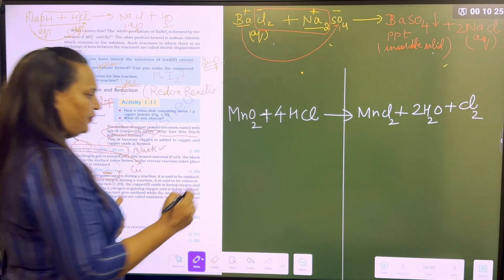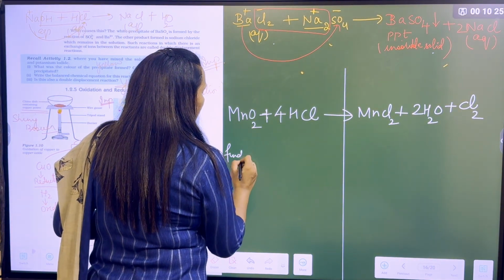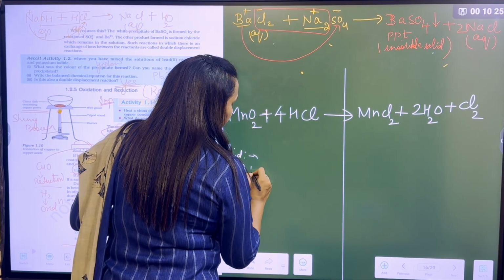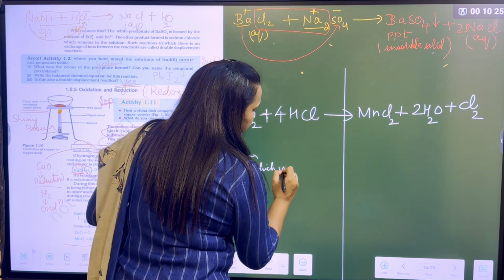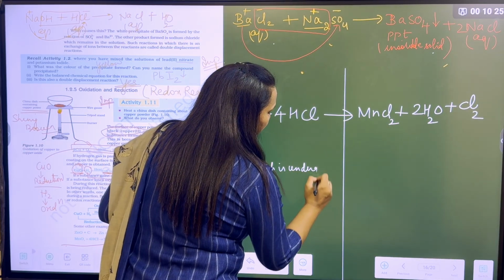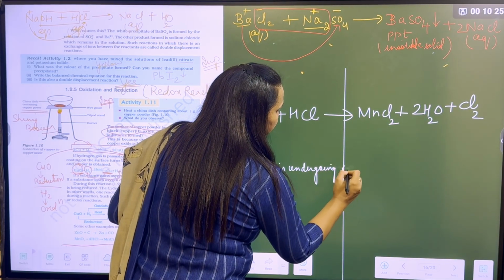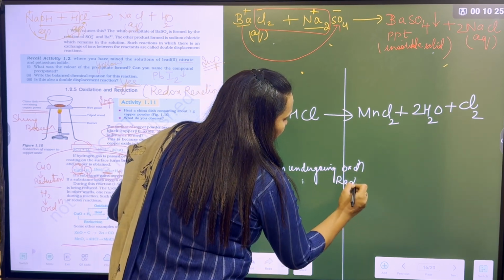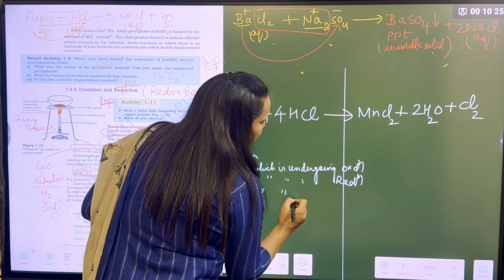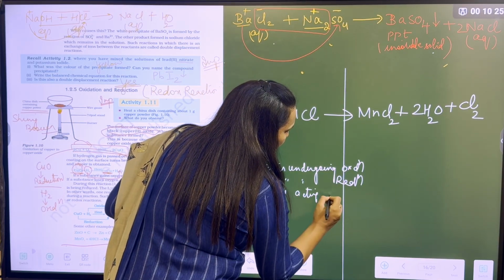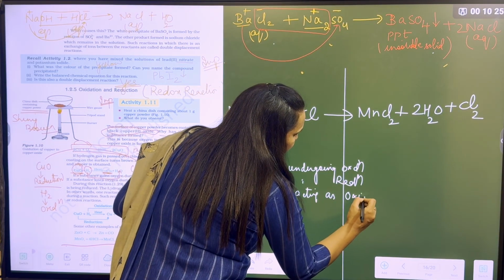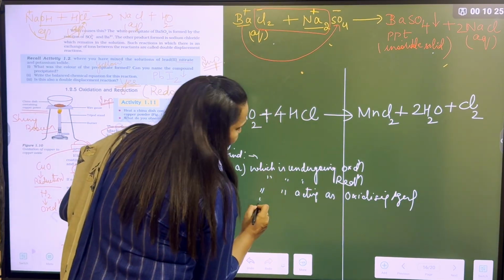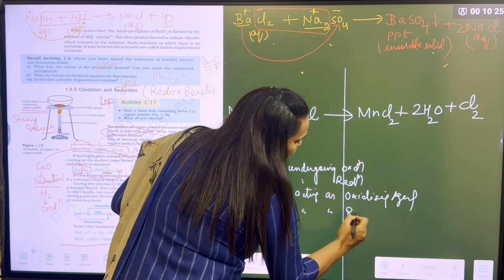Now they are telling me to find which is undergoing oxidation, which is undergoing reduction, which is acting as oxidizing agent, which is acting as reducing agent.